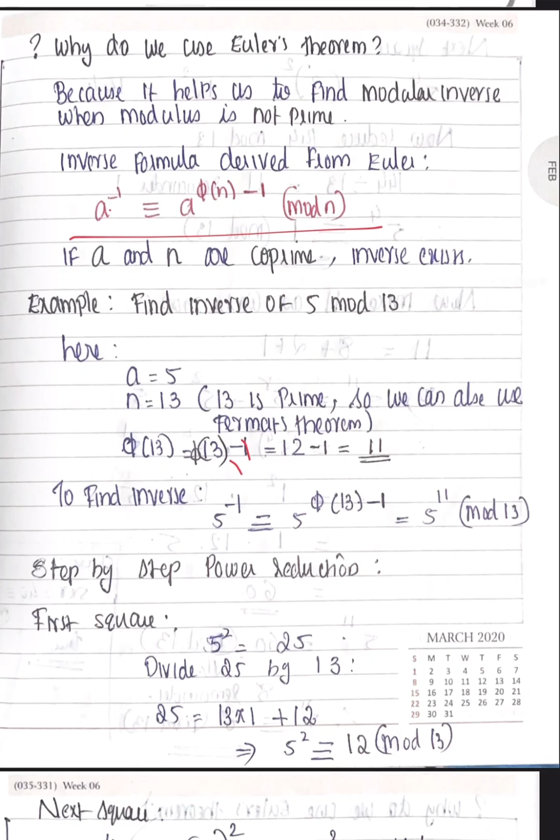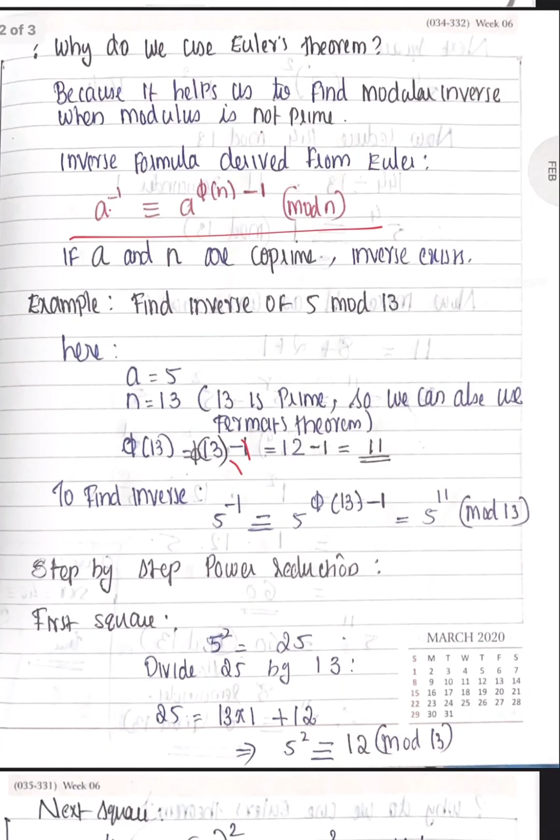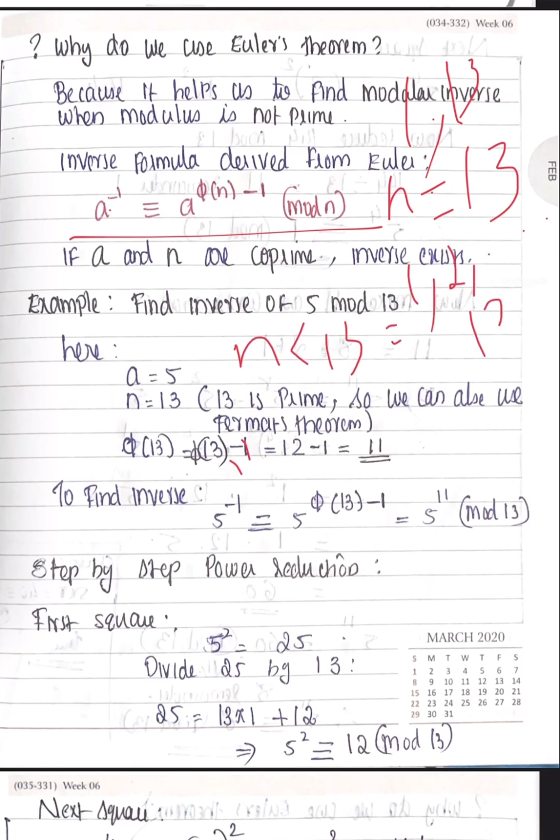How to calculate phi of 13? By using the previous step. If the N value becomes 13, we calculate from the factors of 13. The factors of 13 are 1 and 13. So N is less than 13, we are using 1, 2 up to 12.